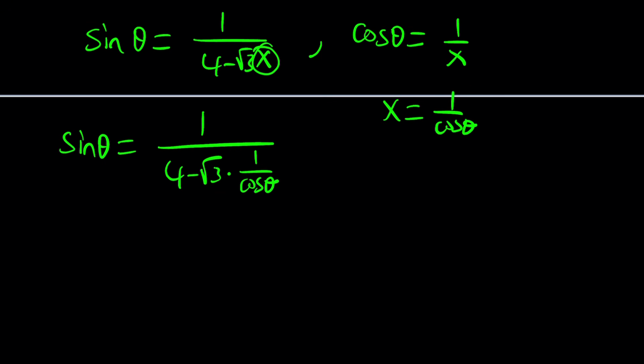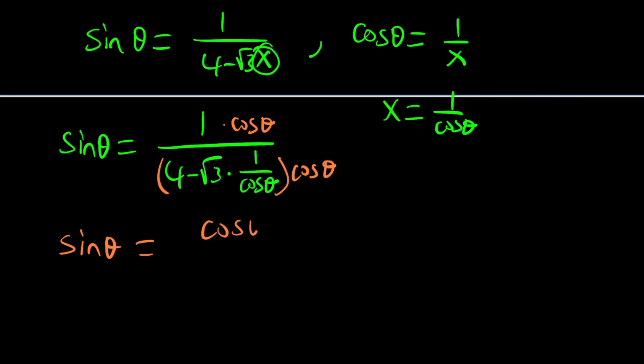And then we're going to come up with a really nice equation from here, and we're going to try to solve that one. Of course, by solving for theta, we're kind of solving for x, and we'll get back to it. So let's do this correctly. First of all, one thing that'll be very helpful is to multiply the numerator and the denominator by cosine theta, and by distributing, you get rid of the fraction.